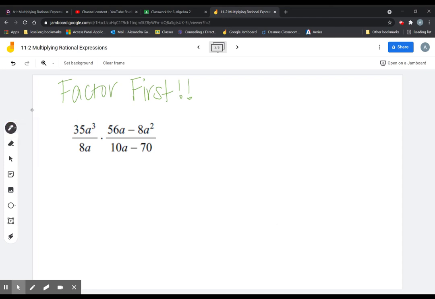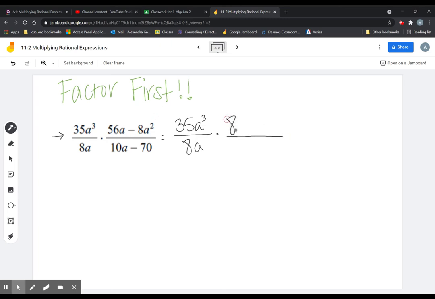The first fraction isn't going to be changed, we're just going to write it again as 35a cubed over 8a, because I don't need to factor monomials here. But in the numerator of my next one, I can factor out of 56 and 8.